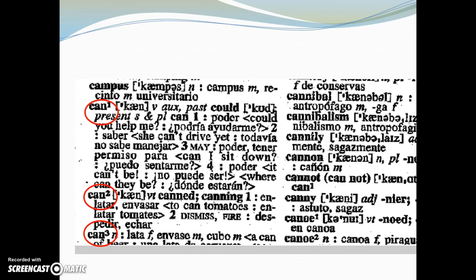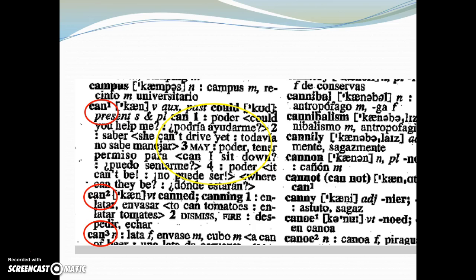Now, if we look at can number 1, you're going to notice that you have a lot of different options here. Okay, you could use poder, and you can use podría, you could use tener permiso. There's lots of different ways that you can use this verb can. Okay, so we've got 3 different entries, but if we look in each entry, there are several choices.